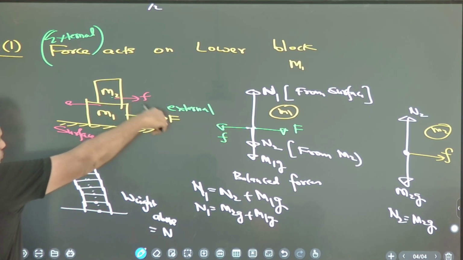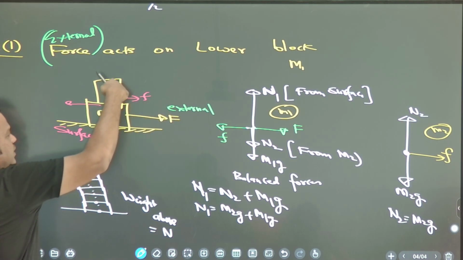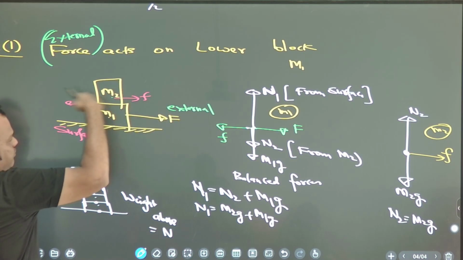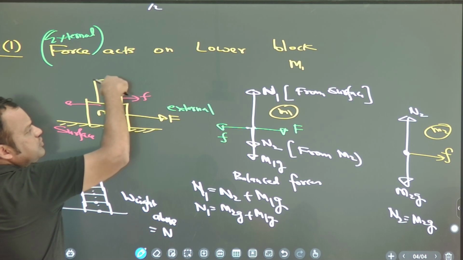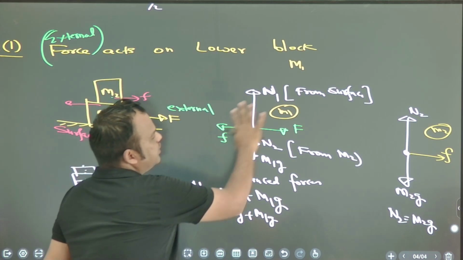So this is M1, force capital F is acting on M1, and M2 will exert friction on M1 left. So M1 will exert friction on M2 right. So this free body diagram is clear.